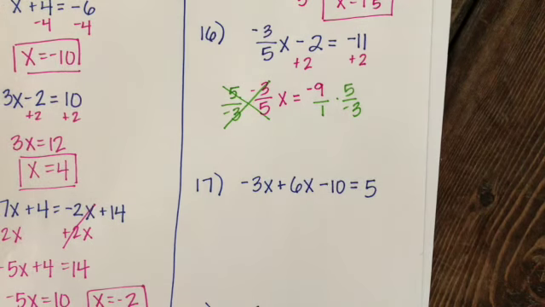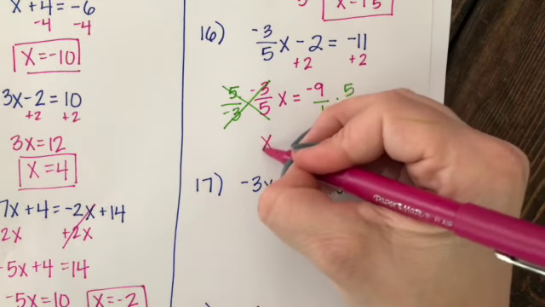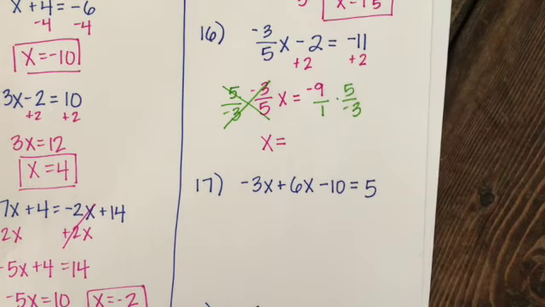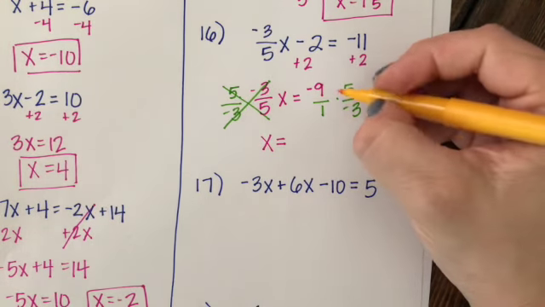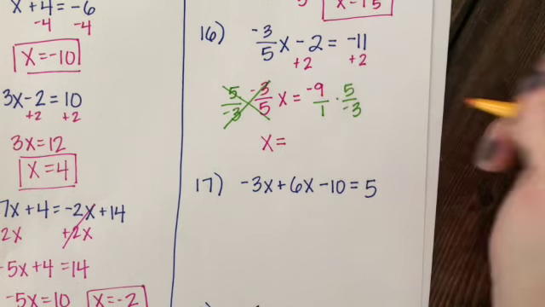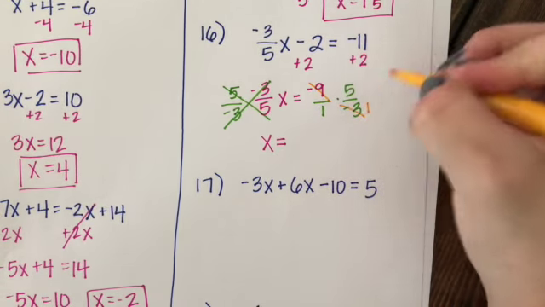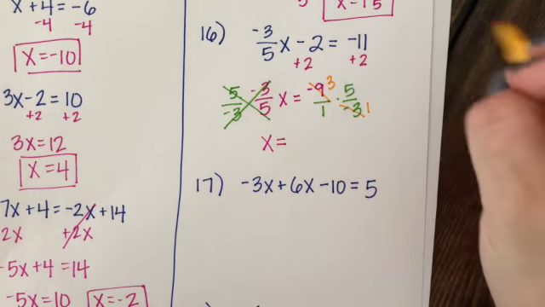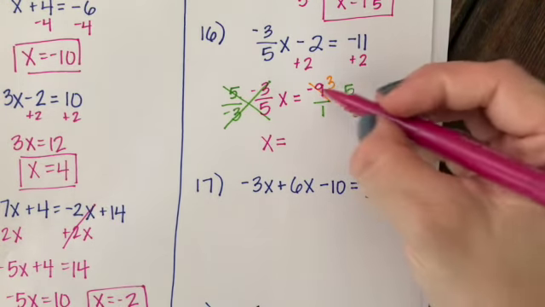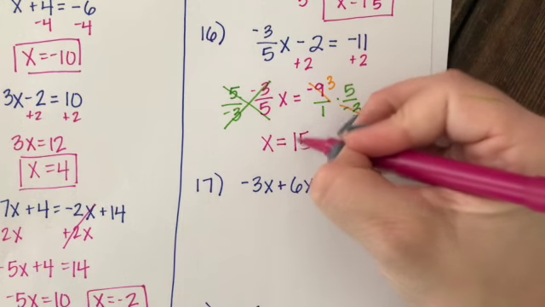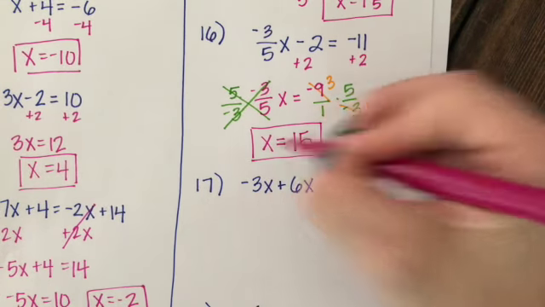Negative 3 and negative 3 cancel. X equals. So on the right, I can simplify negative 9 and negative 3, right? First of all, a negative times a negative is going to be a positive. 3 divided by 3 is 1. 9 divided by 3 is 3. And then 3 times 5 is 15. And the denominator is 1.